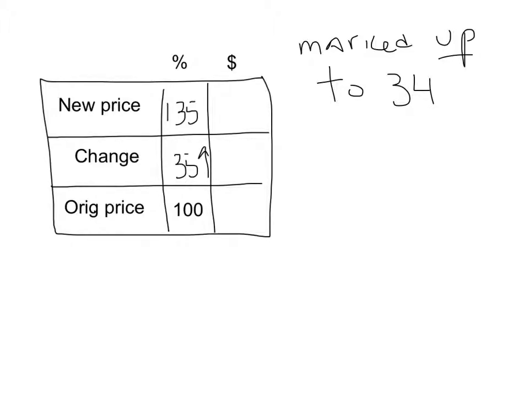So this would be an increase in the sense that perhaps you bought it from a wholesale supplier and you were marking it up to sell it at the new price so that you could make a profit on it. So if you marked it up to $34, then you would do a similar kind of proportion here, looking for N now, but it would be 135% over 100.